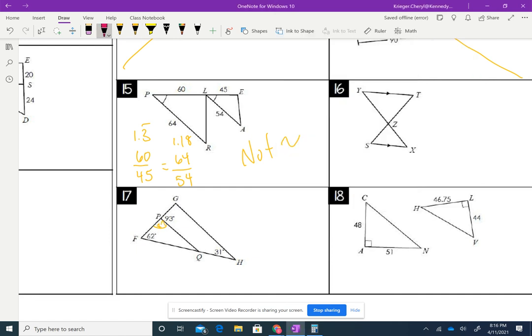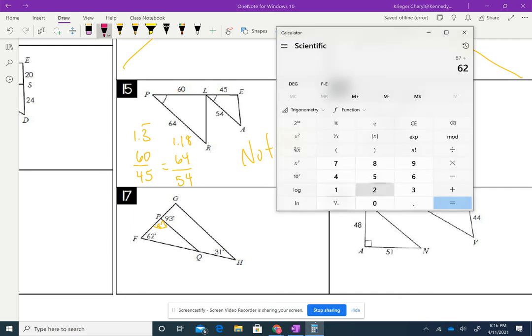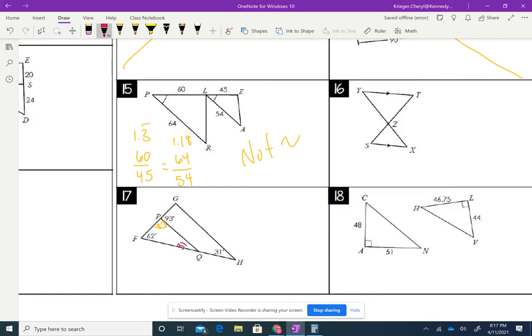Okay, so now I can find Q. 87 plus 62 from 180 is 31. And that makes this one also 87. So I'm going to say yes. How? By angle similarity. And I'm going to say triangle FPQ is similar to triangle FGH.